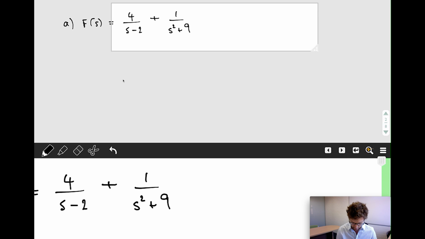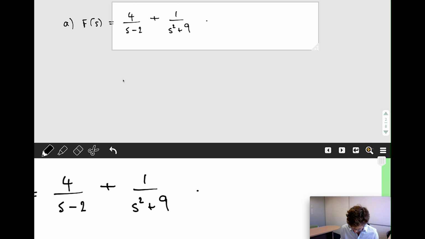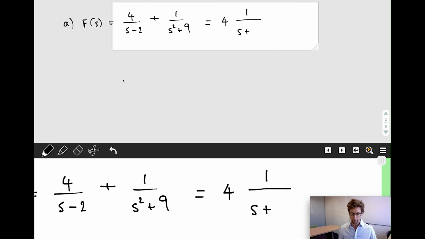So again, we're going to rewrite this first part of the function so that it looks like 1 over s plus a. But in this case, of course, I've got a minus 2, so that's s plus minus 2. And so we're going to be able to take the inverse Laplace transform of that quite easily.